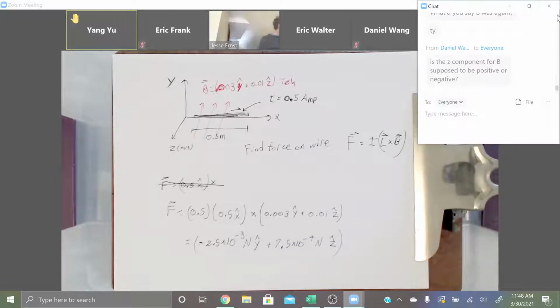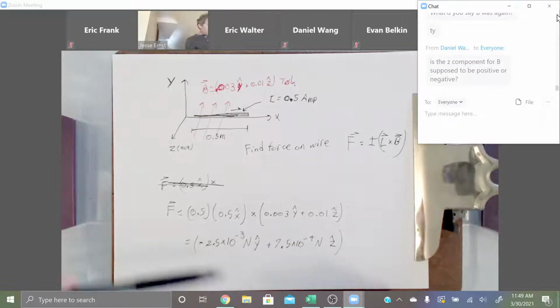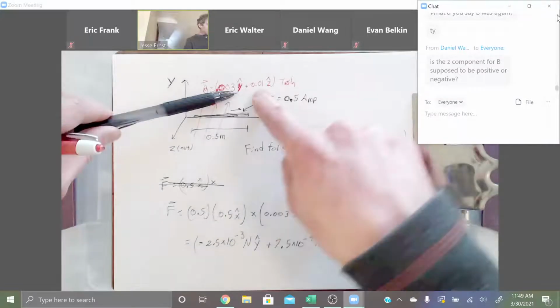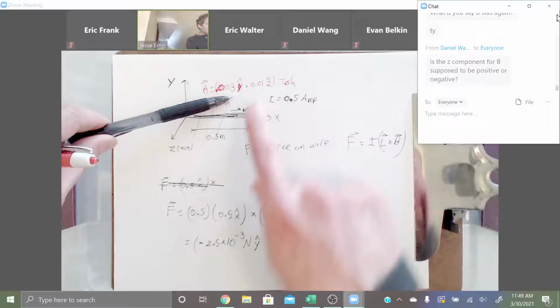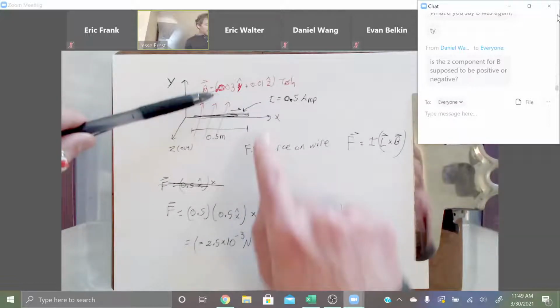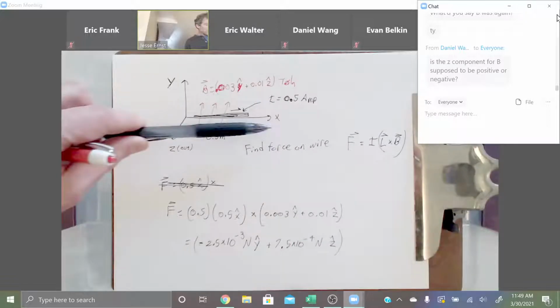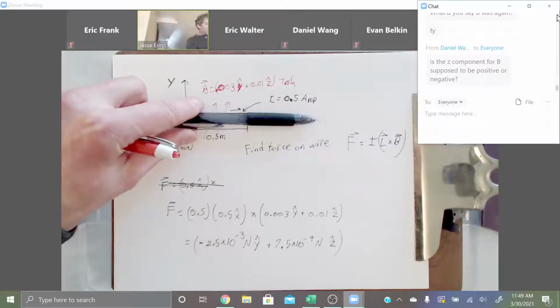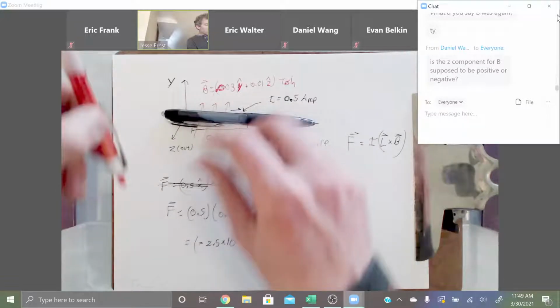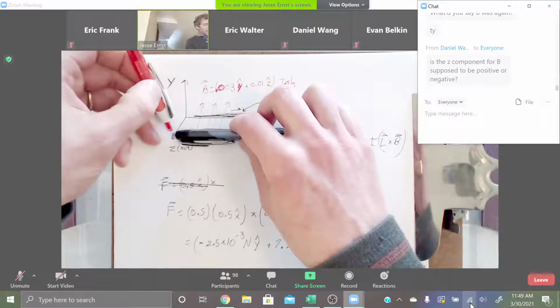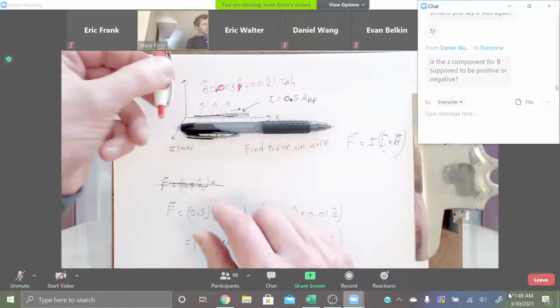Could you explain more about y hat and z hat, how we get that part? This comes straight from what the magnetic field is. Right, so this part is given. If I goes this way, it's purely x hat. Then the B field has a mix of y component and z component.